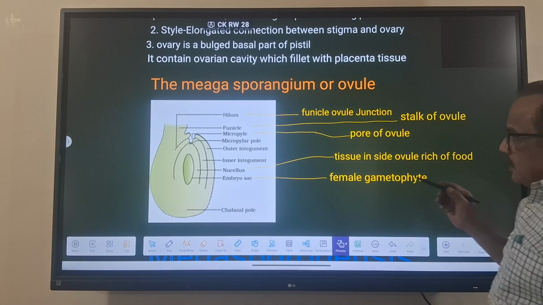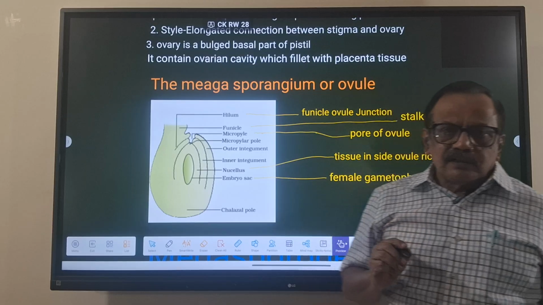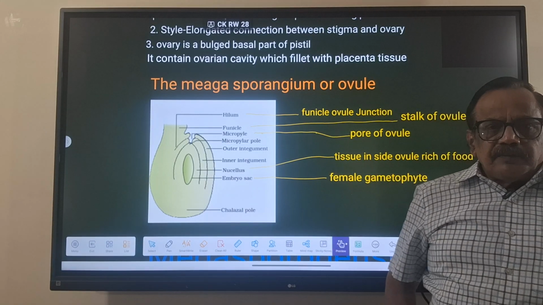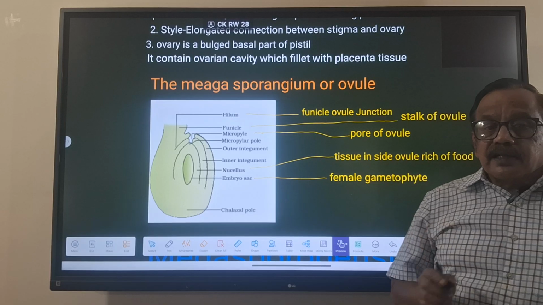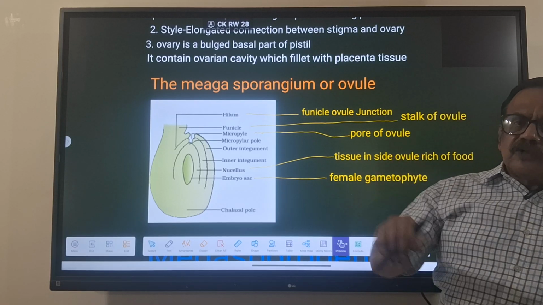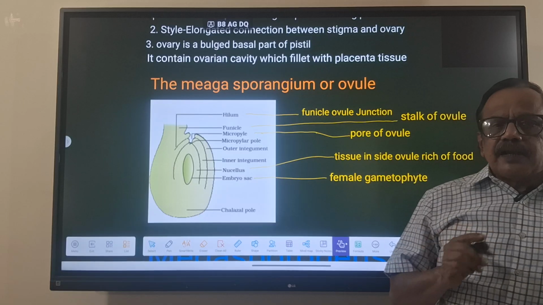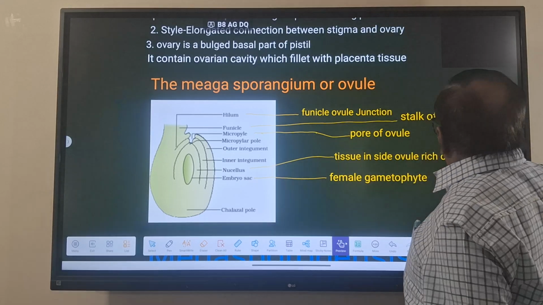Next, inside the nucellus, the female gametophyte will develop. Where is the female gametophyte developing? Inside the nucellus cells. One of the cells will produce the female gametophyte.